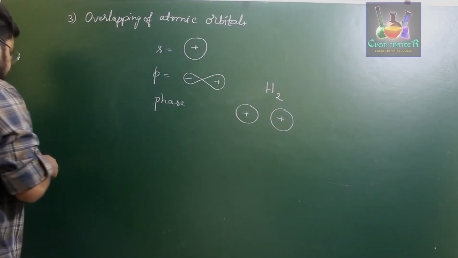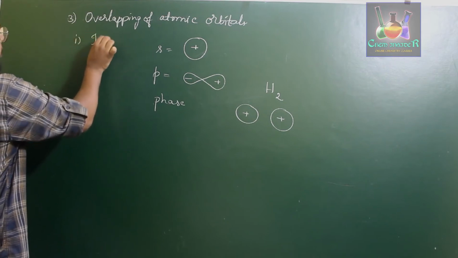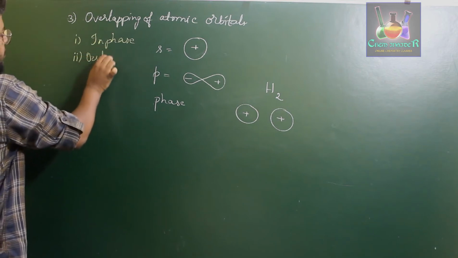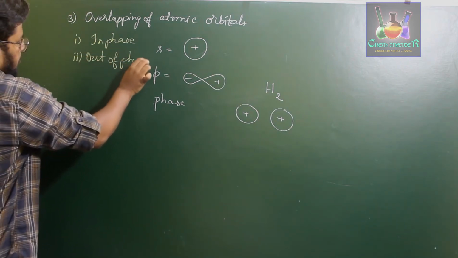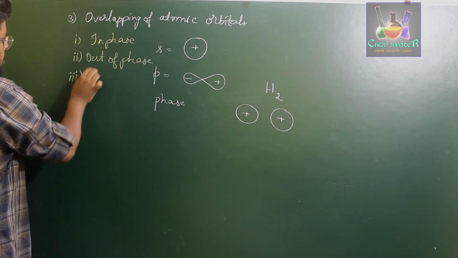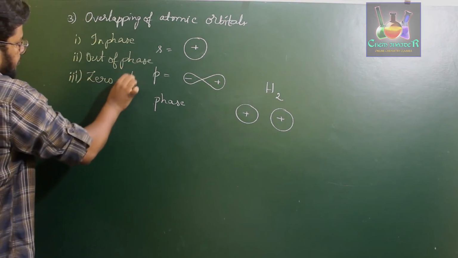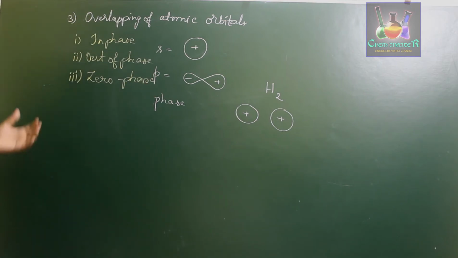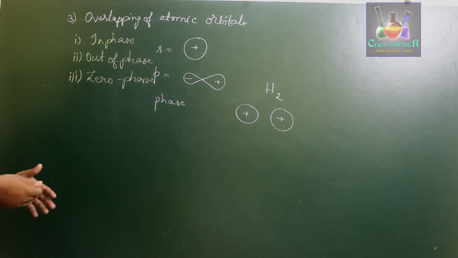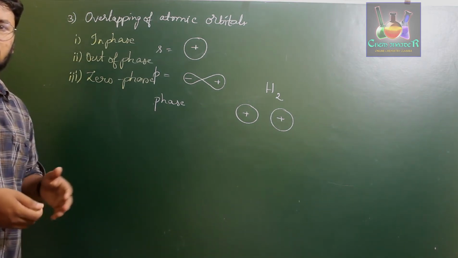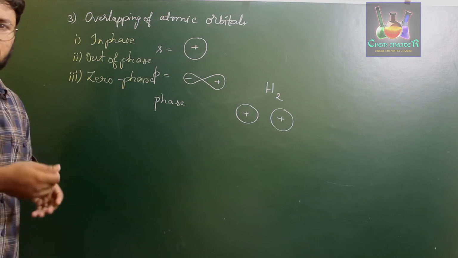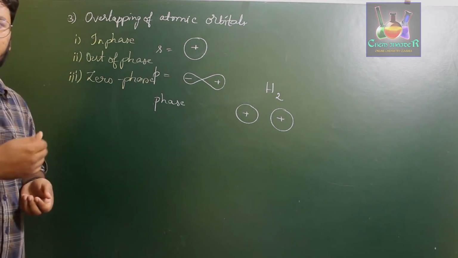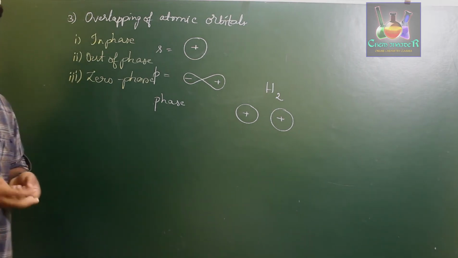First, in phase overlapping; second, out of phase overlapping; and third, zero phase overlapping. Whenever 2 atomic orbitals of different phases come close to one another, they interact in order to bind with one another in the overlapping form, and this overlapping occurs in 3 types.